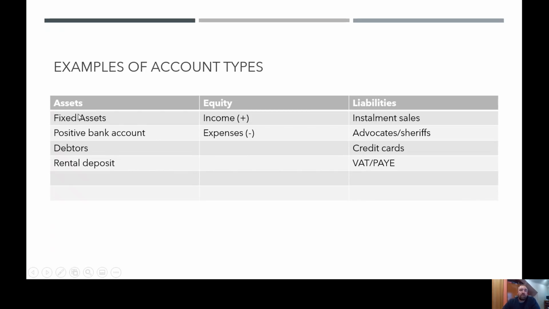Under assets, we have fixed assets. So why would a fixed asset be an asset? Because if you buy a motor vehicle today, it will still have some value tomorrow and next year and the year after that. Because it will have future value, in a year from now, you can sell that car.